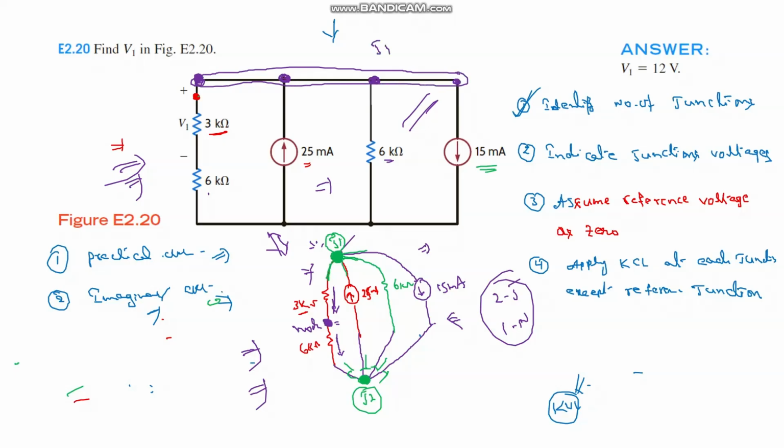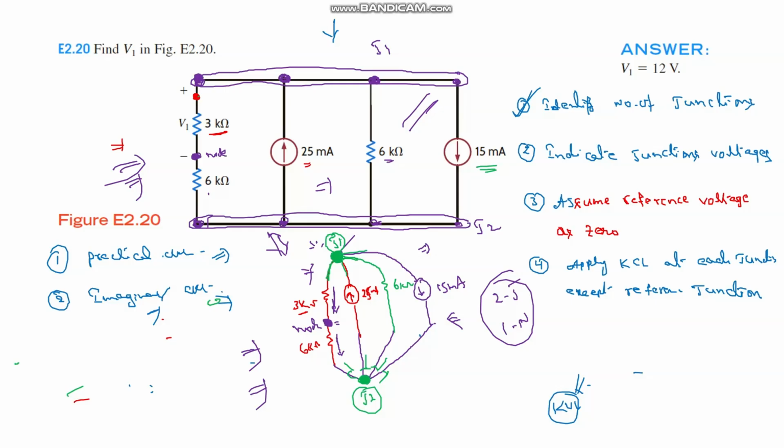And at the bottom, this point, second point, third point, and fourth point, the potential at these four points is the same. That's why we call it a junction. So here we have two junctions, junction one and junction two, and the node is a single node, here. So this is the node.